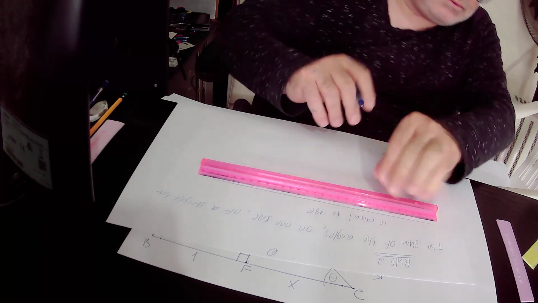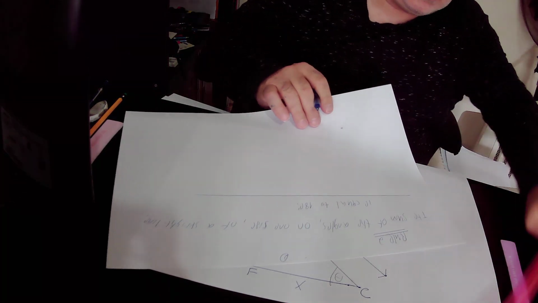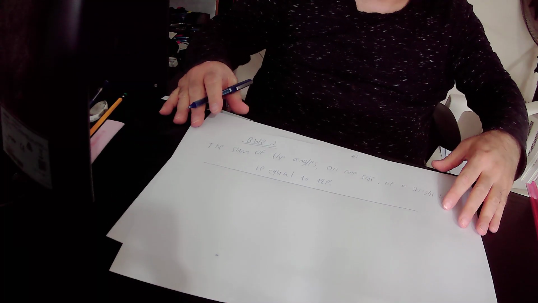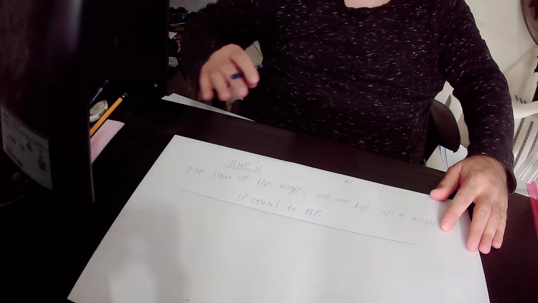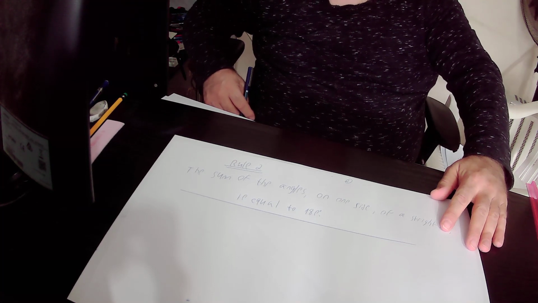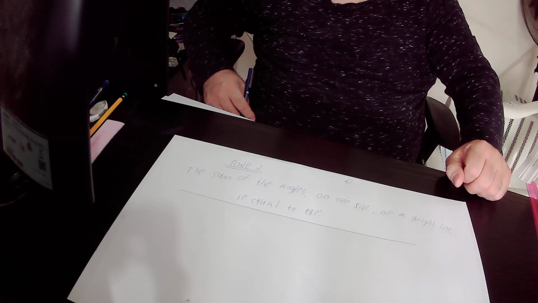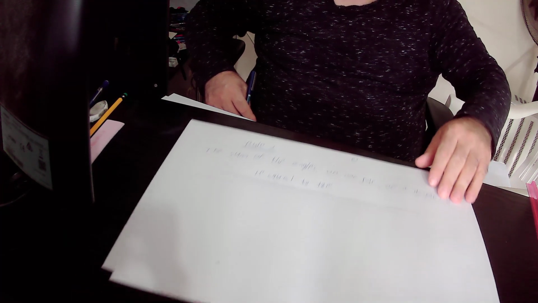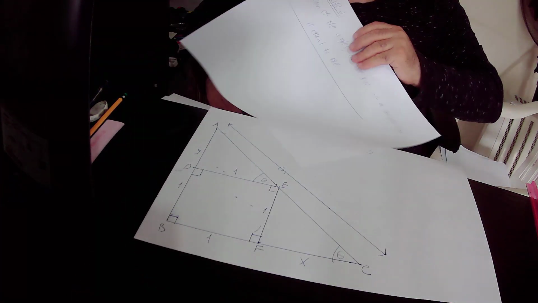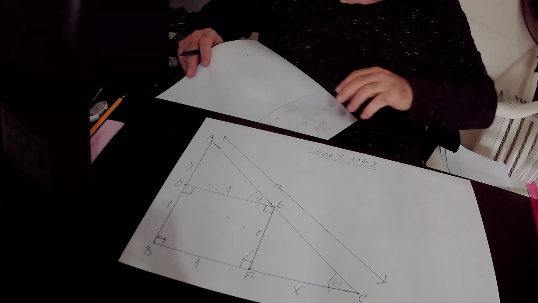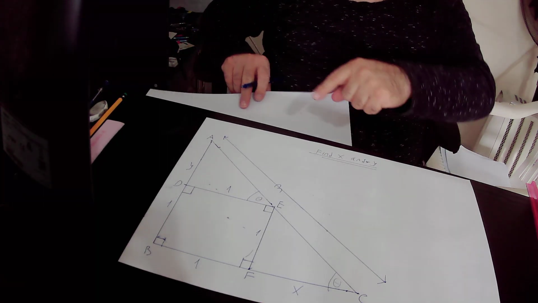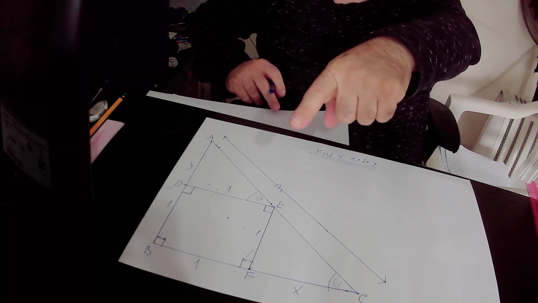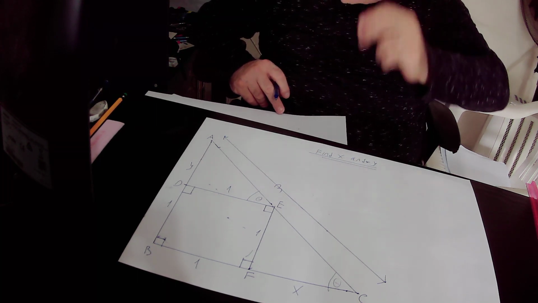I will read rule number 2 again. According to rule number 2, the sum of the angles on one side of a straight line is equal to 180 degrees. So here, AB is one side of the triangle ABC, therefore it is absolutely a straight line.